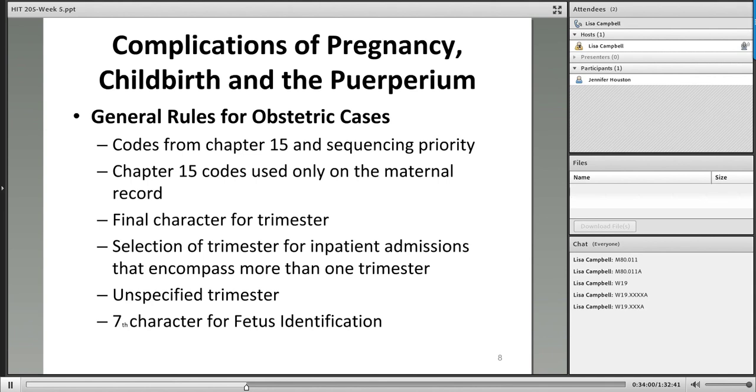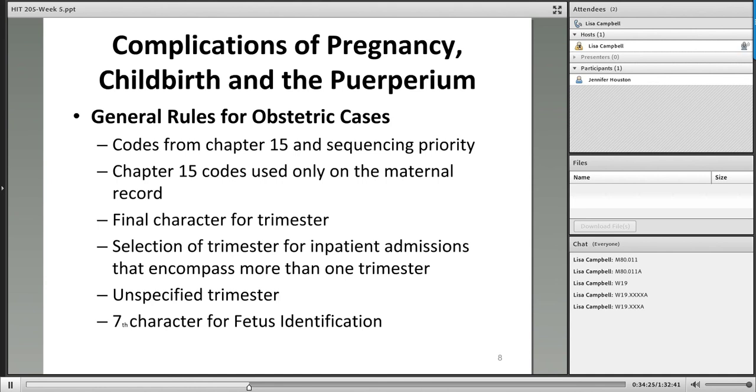This example, the first code, the placenta previa with hemorrhage, second trimester. That's what she was admitted with. But this gestational hypertension, they have it listed as third trimester. Why? In the scenario, 3 days after admission at 28 and 1/7 weeks gestation, she developed gestational hypertension.